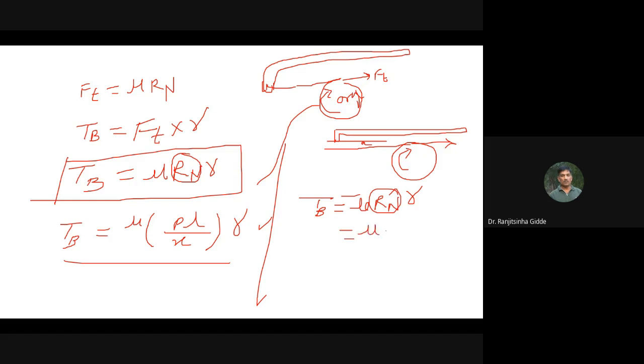Mu as it is, and the value for this is PL upon x plus mu A, into R. Again, if this rotation direction is changed, if it is anti-clockwise, then what is changed? Tb is equal to mu PL upon x minus mu A.